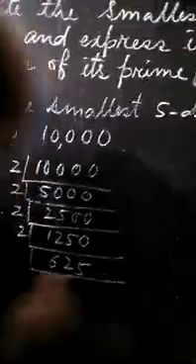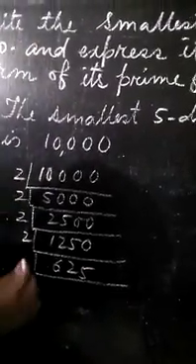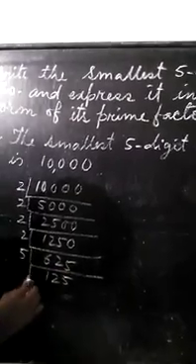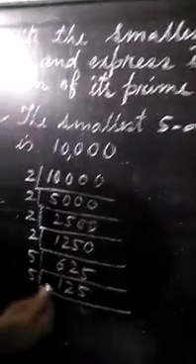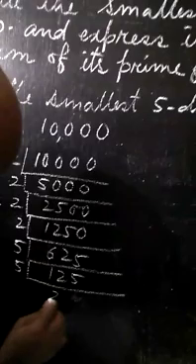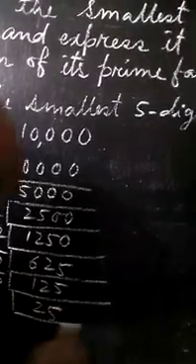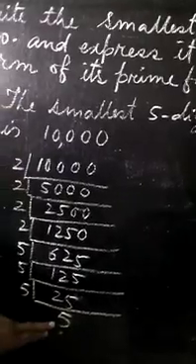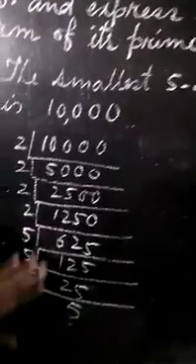Again by how much will it be? By 5. It should be 125. Now again by 5, it will be 25. Next by 5, here it is 5. Since 5 is a prime number, we will stop over here.